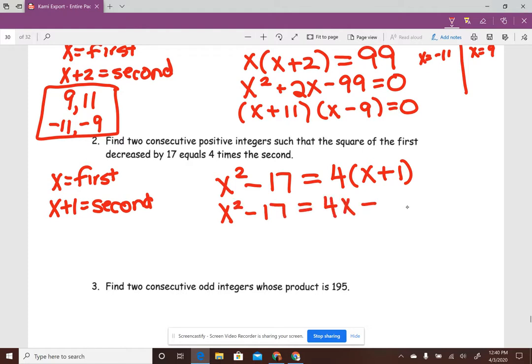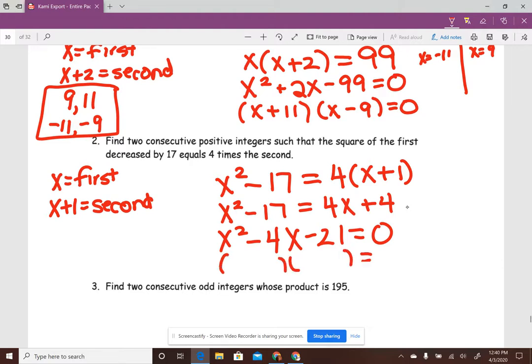Distributive property gives me 4x plus 4. I'm going to set it equal to 0. So remember, when you move the 4x to the other side, you do that by subtracting. When you move the 4 to the other side, you do that by subtracting. If you change your side, you change your sign because of inverse operations.